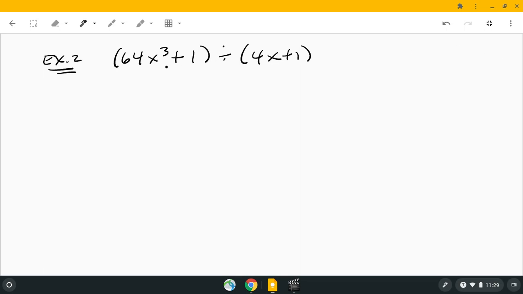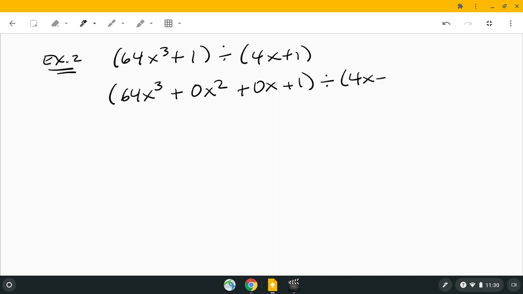Here, we're missing the x squared, and we're missing the 0x. So when I rewrite this, it's going to be 64x cubed, and then I use a placeholder for the x squared that's missing, and I use a 0x for the x term that's missing, and then I have the plus 1. And nothing is out of order here, nothing is missing.